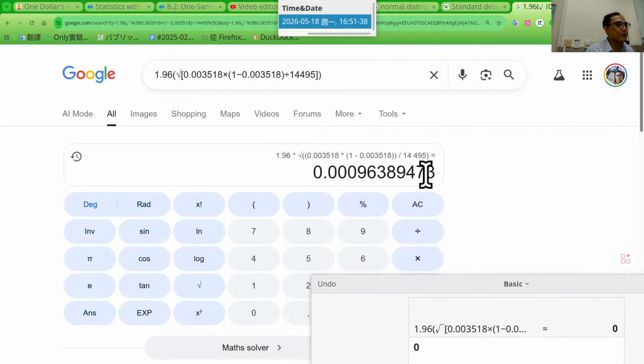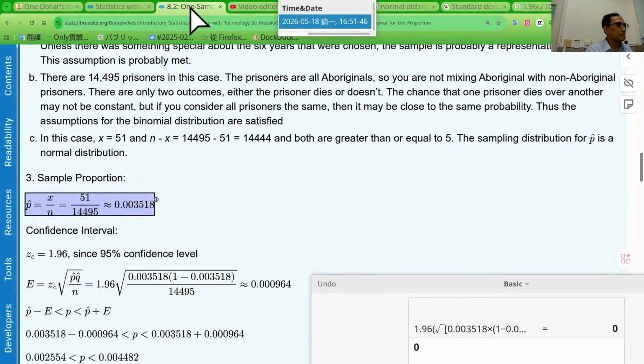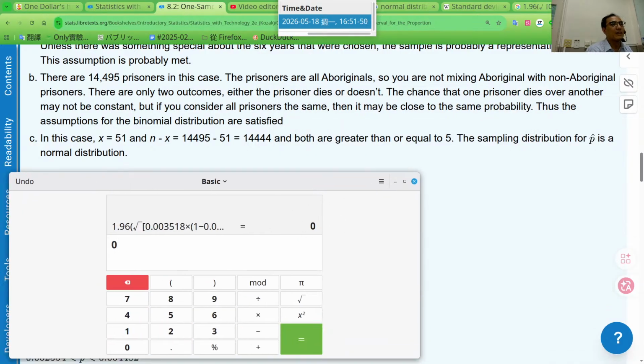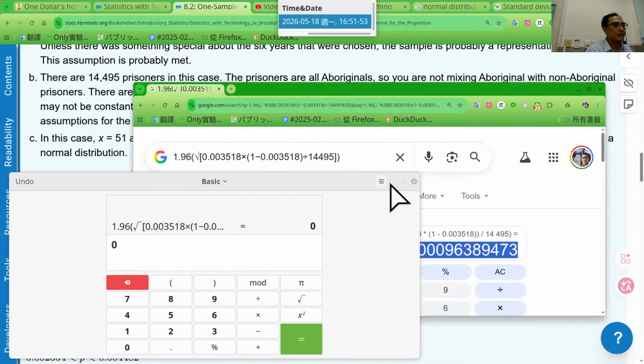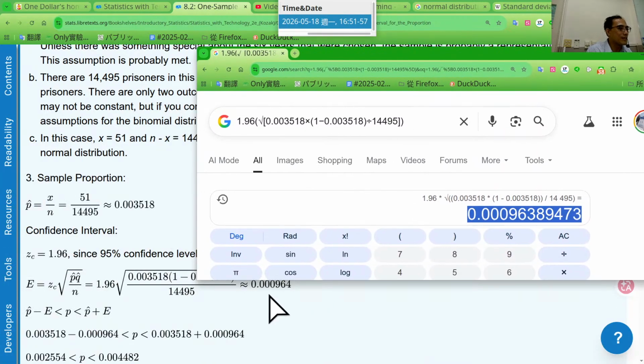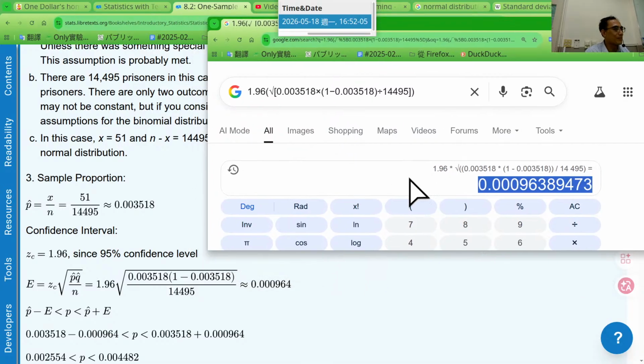The answer looks like this. See, my calculation from the Google calculator is very similar: 0.00964. Very similar, right?